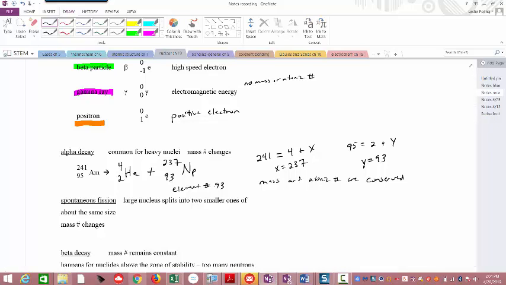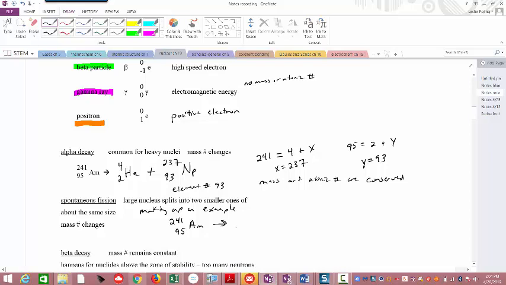So, spontaneous fission. Well, that would be if a large nucleus splits into 2 smaller ones. So, I am making up an example here, so this might not be something that really can occur. Okay, 95.